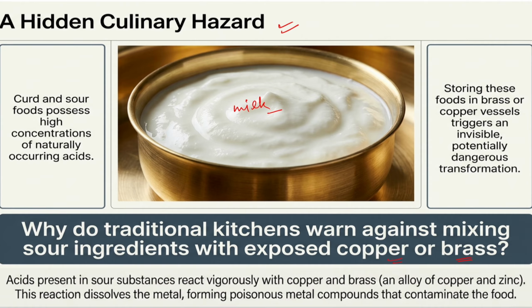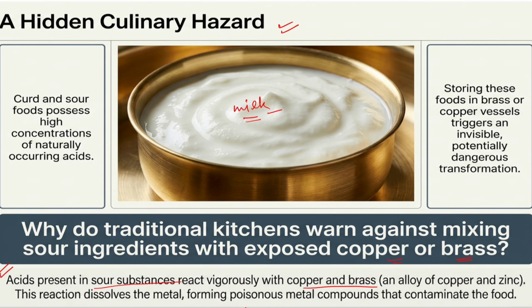Because when you store these foods in brass or copper vessels, over a period of time it undergoes a very dangerous transformation. So this is the answer. It is written over there. Acids present in sour substances react vigorously with copper and brass.